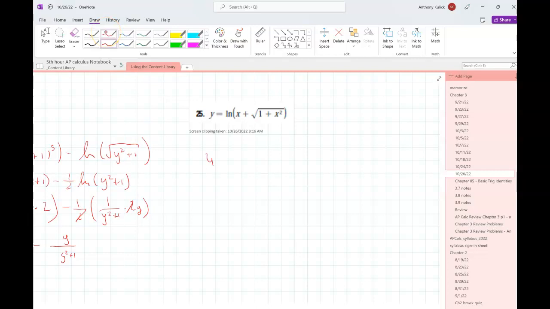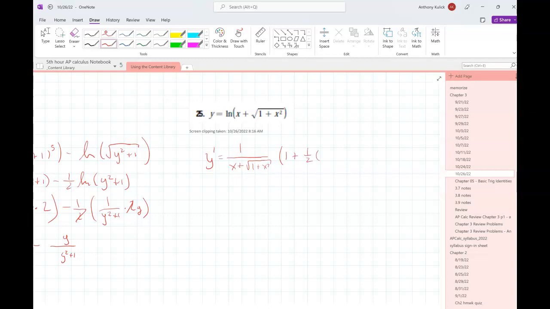So let's just start by doing the first derivative. I'm looking at a chain rule for the natural log. So that's just going to be 1 over the inside times the derivative of the inside. So the derivative of x is 1. And the derivative of the square root of 1 plus x squared is also a chain rule.